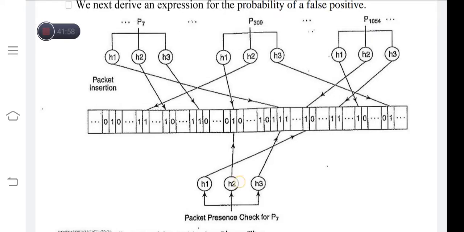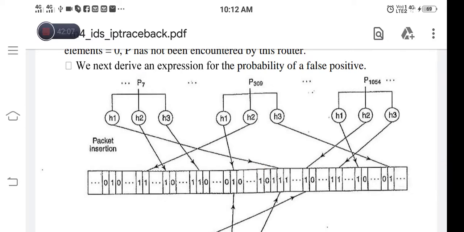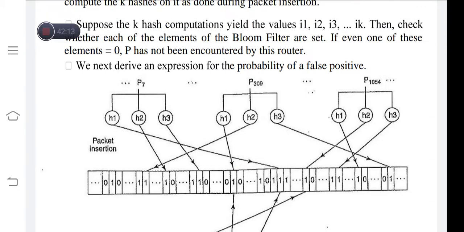The output of H2 applied on P7 at the presence check by the router leads to this index, which is the same as the index we got by applying H1 on the packet P309. So how will the router decide whether it has come across the packet P7 or not?